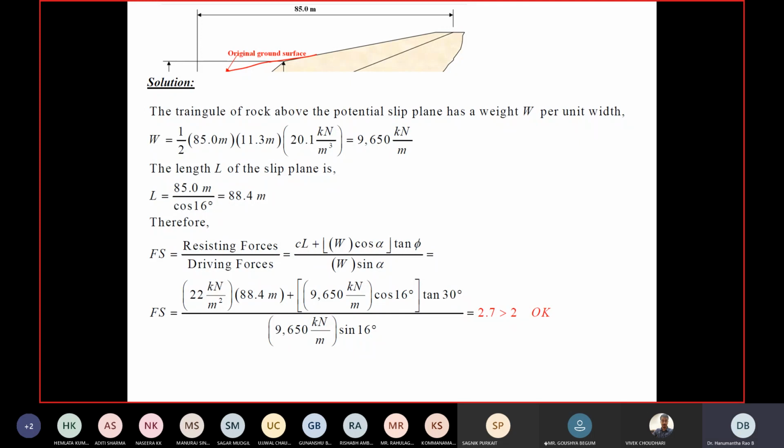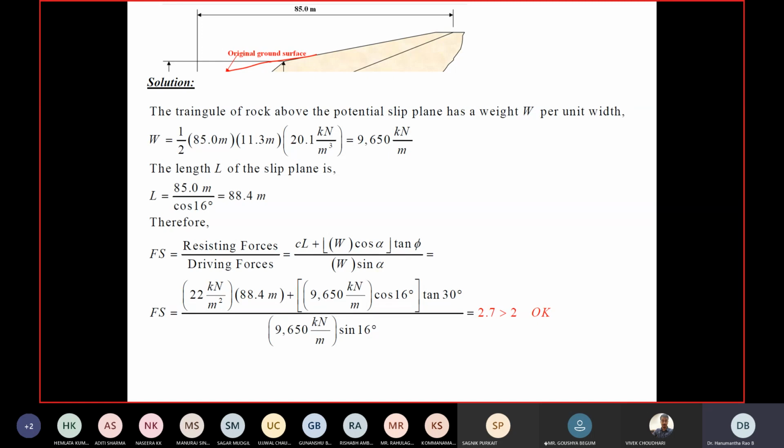That was the total cohesion developing all along the failure plane, plus the normal component, that is 9650. That comes from the weight of the triangle multiplied by cos alpha and multiplied by tan phi. So this is nothing but your shear strength equation, C plus sigma tan phi.